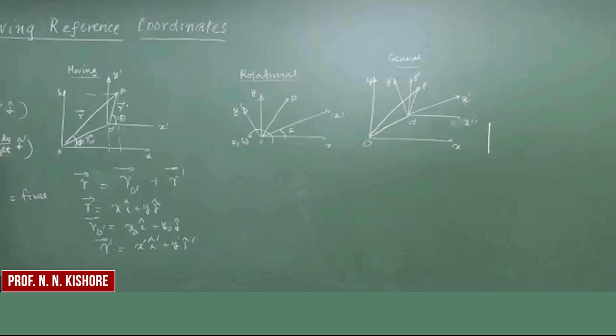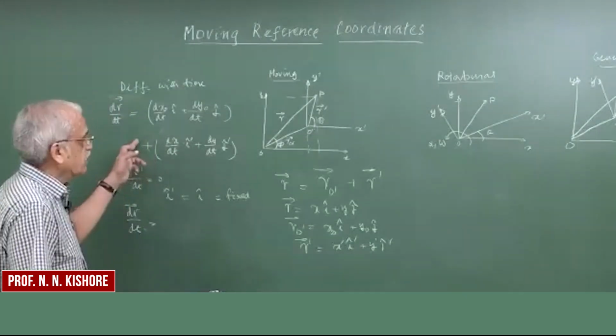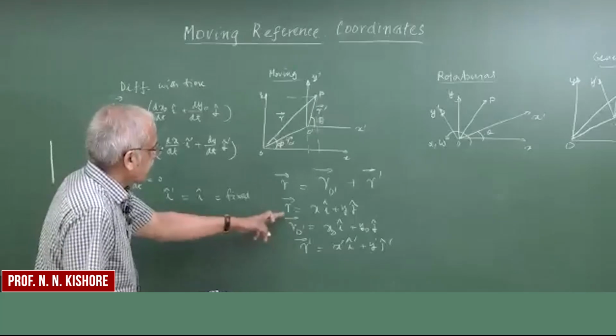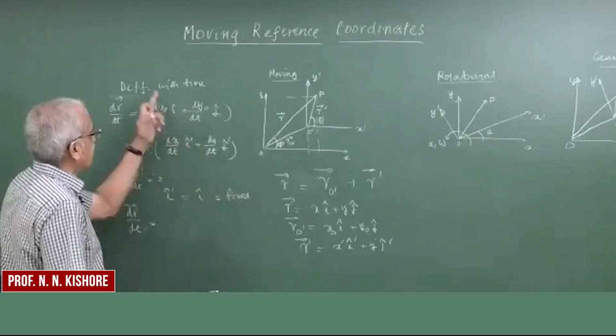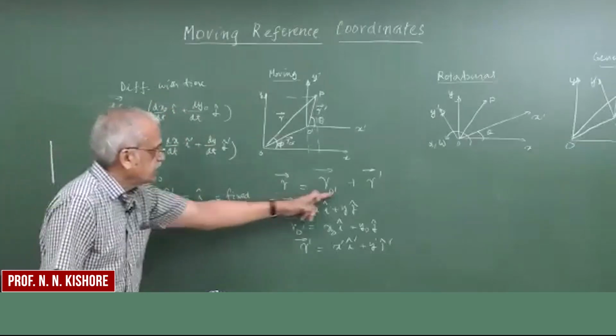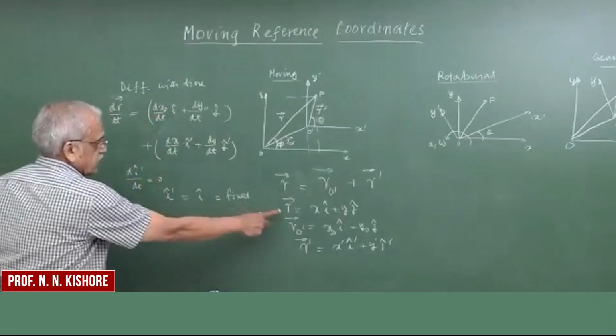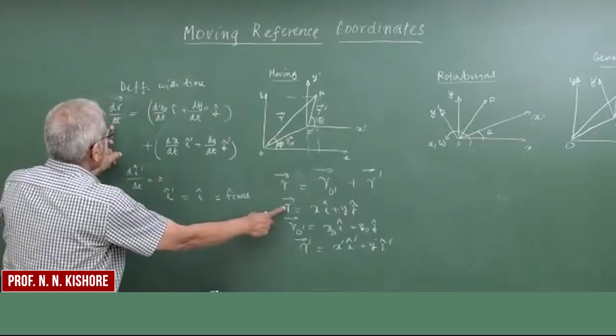So this is very important to understand, how the time derivatives are related. So maybe I should repeat it here. What I'm trying to do is take the time derivatives of this relationship, in which case I use this dr by dt.